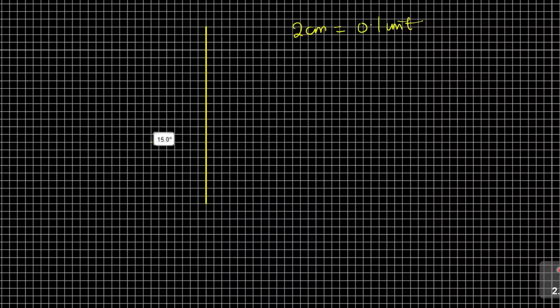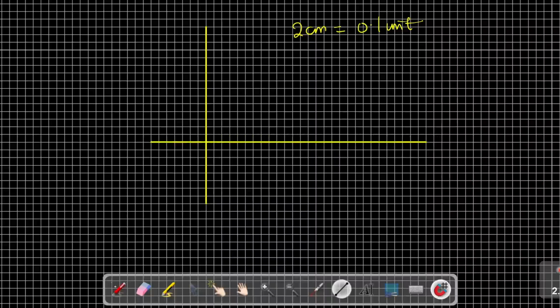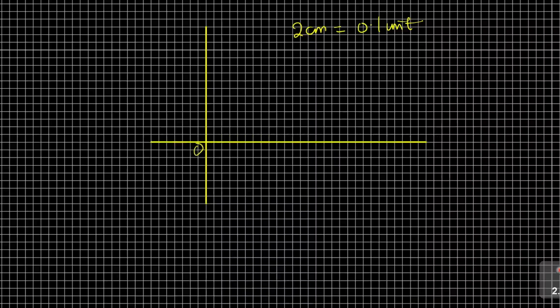Let's assume you pick this place to be your 0. Then 2 cm is 0.1 unit, right? So what do you do? Can you pause the video and think? It means 10 lines will give you 0.1. So I'm going to have 1, 2, 3, 4, 5, 6, 7, 8, 9, 10.